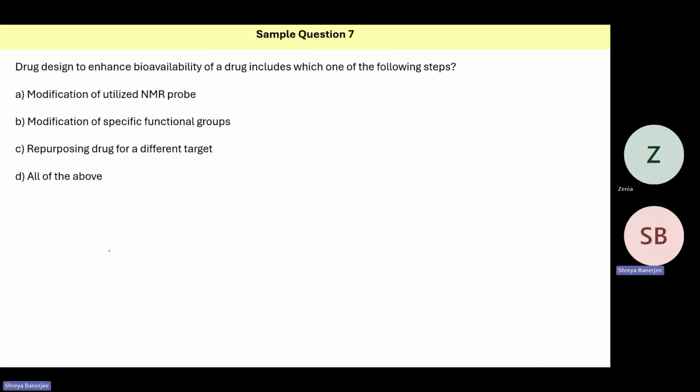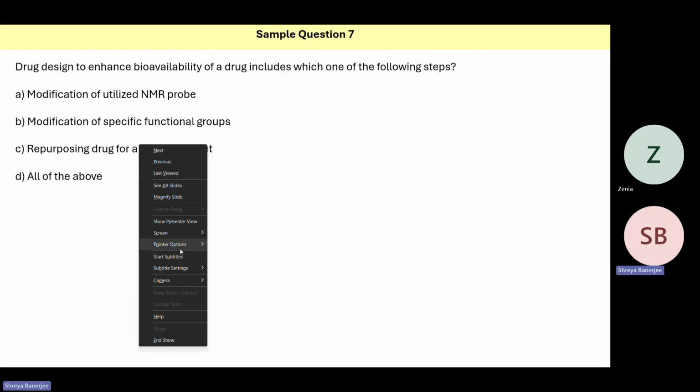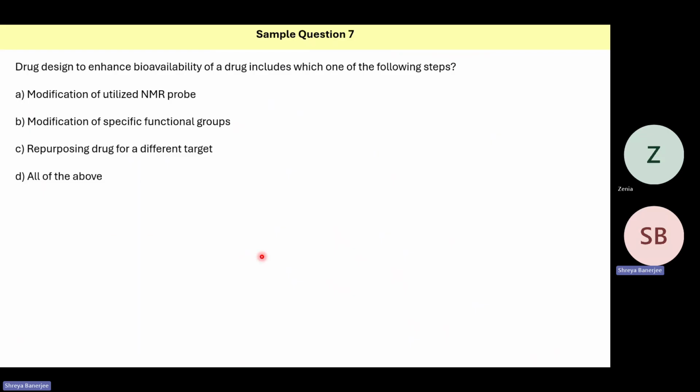Next, the question is asking drug design to enhance bioavailability of a drug involves which of the following steps? Here the answer is modification of specific functional groups.